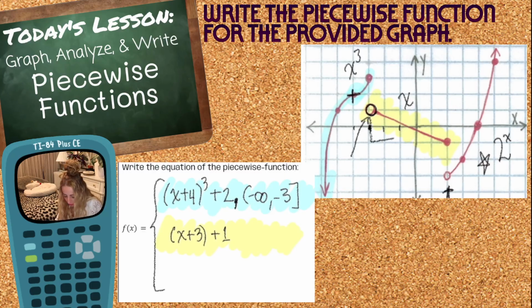Now the slope is just my a value, so I can count that: down 2, and then to the right 1, 2, 3, 4, 5. So down 2 over 5. So, oops, plus 1. Sorry.